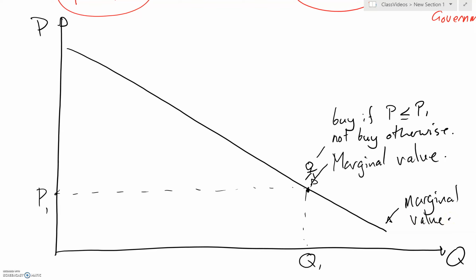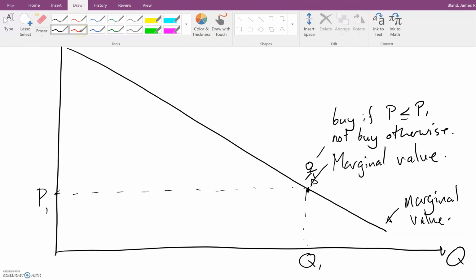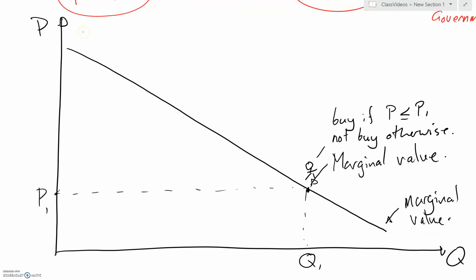Then if the government imposes a tax on buyers, buying this good now comes with an obligation to send money to the government. So if, for example, the government imposes a tax on an item that makes me $10 worth of happy, my marginal value, let's write this down.